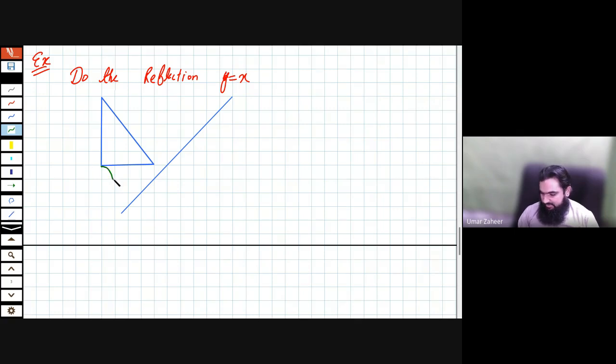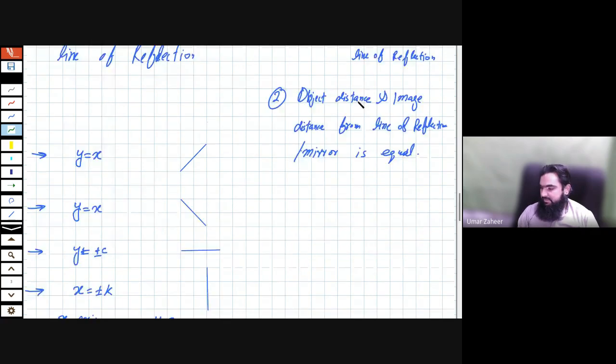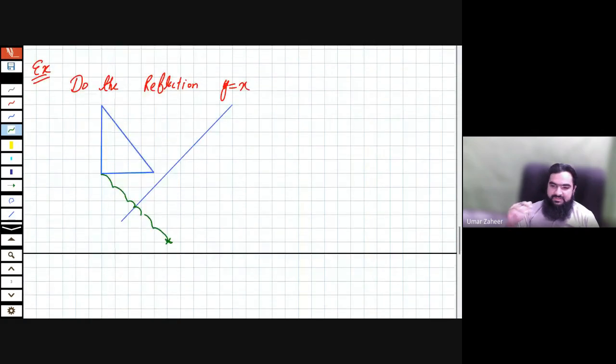So look here: half, 1 diagonal, 2 diagonal. I use this point because the object distance and image distance are always equal. So I take the distance of the object from the line of reflection and measure the same from the image point, in the same way, with half a diagonal here.